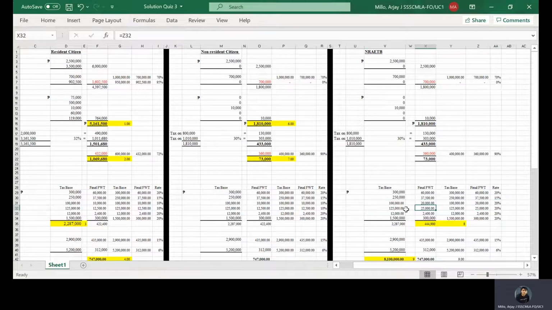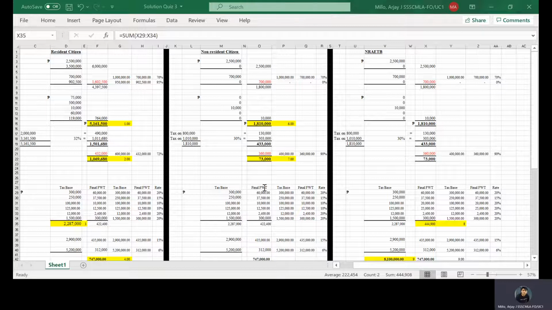So that's 20% of 100,000 and 20% of 125,000, that's 20,000 and 25,000. We add again the 60,000, 37,500, 20,000, 25,000, 2,400, and 300,000. So that's 444,900. That's the answer for question number 8.